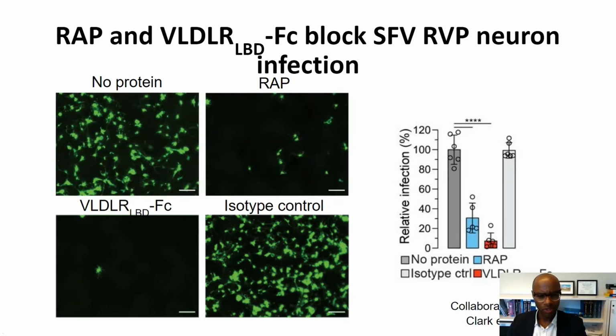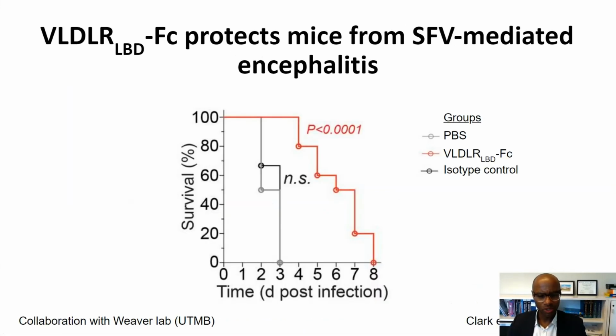So we then worked with the lab of Scott Weaver to test whether administration of a VLDLR-LBD-Fc fusion protein could block infection and lethal encephalitis in neonatal mice infected with Semliki Forest virus. As you can see here, with the gray and black lines for PBS and isotype control, SFV infection of day 7 mice is uniformly lethal.